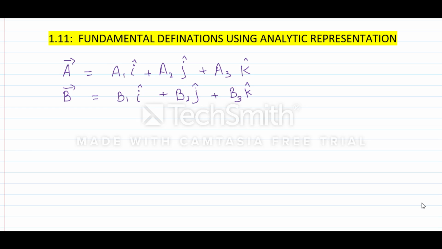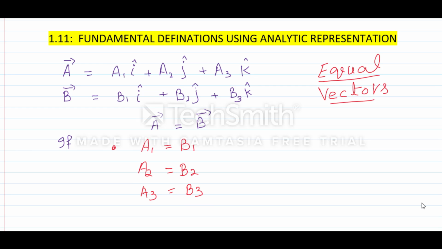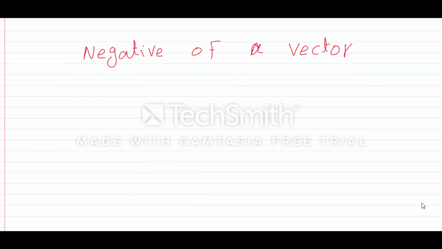These two vectors A and B will be equal if their corresponding components are equal, which means a1 is equal to b1, a2 is equal to b2 and a3 is equal to b3.